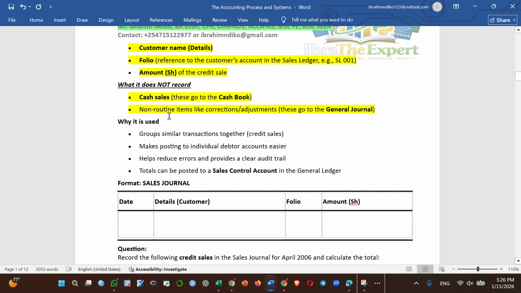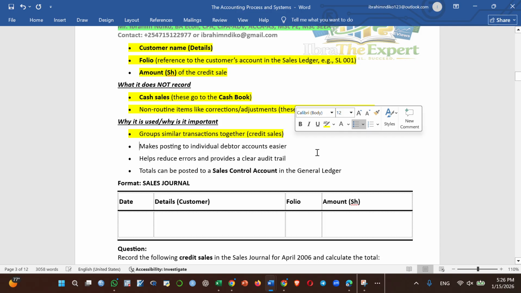Let us see why it is used, or why it is important. Number one, it assists us to group transactions together which relate to sales. Remember, you are talking about credit sales.